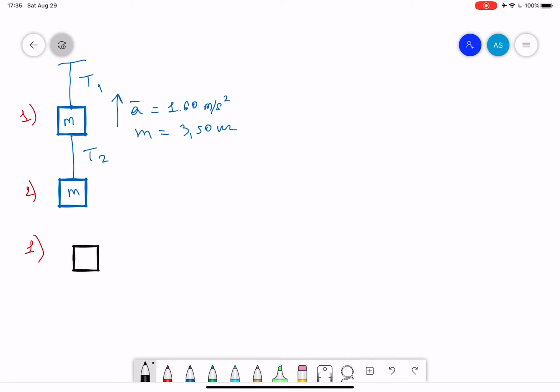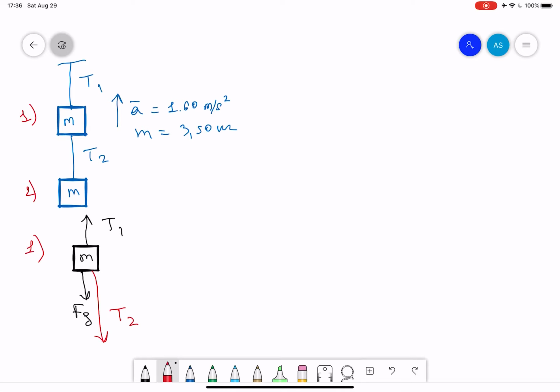We have mass, right? We have here tension 1. Then we have the weight of the upper mass, which is, let's say, Fg. Then what else do we have? We have the tension that is coming from the lower box.